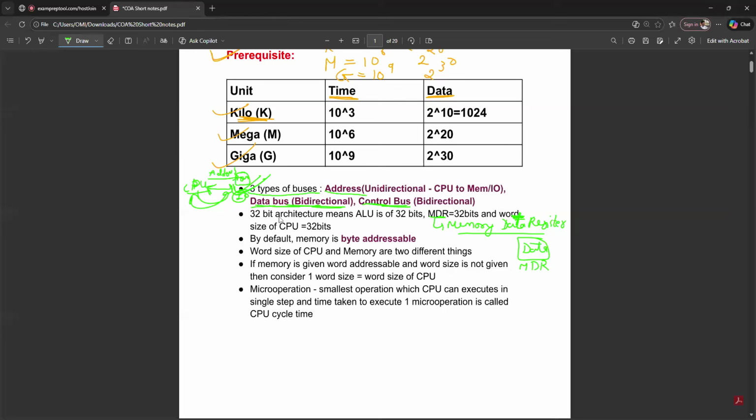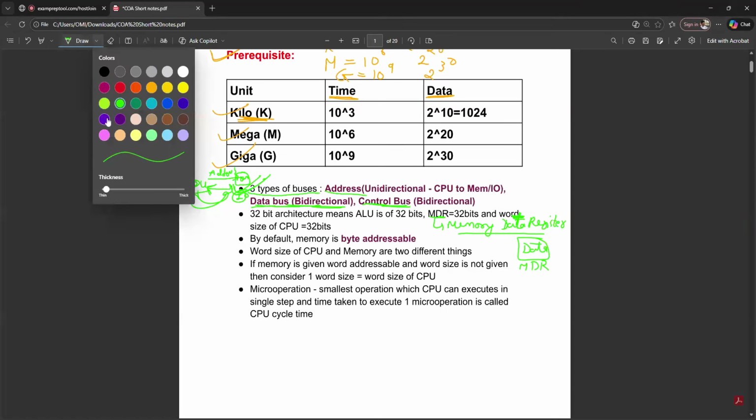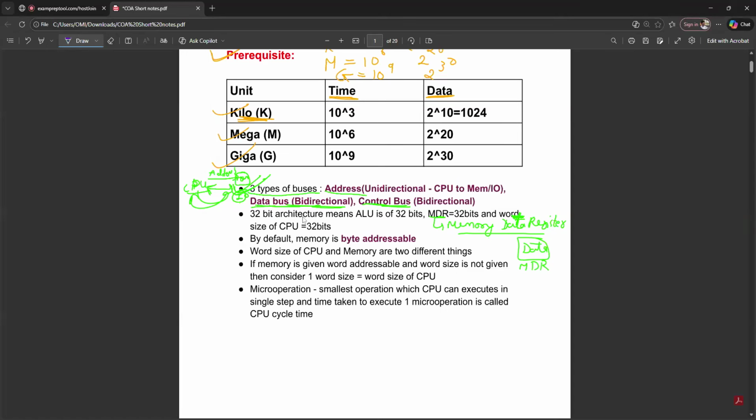So if in a question it is mentioned that a 32-bit architecture is used, this means the ALU, the arithmetic and logical unit, is of 32 bits, which means it is able to perform operations on data of 32 bits.